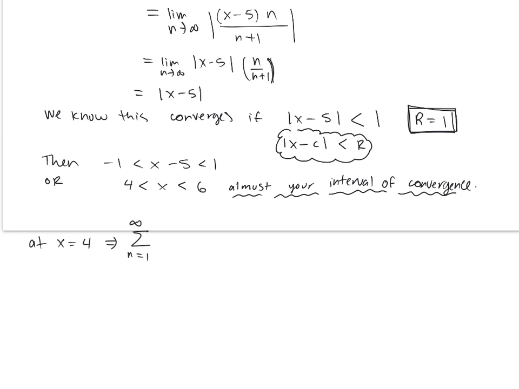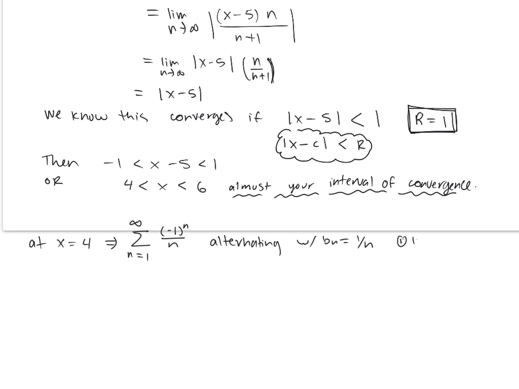What is 4 minus 5? Negative 1. So you have (-1) to the n over n. That's an alternating series with b sub n equal to 1 over n, right?